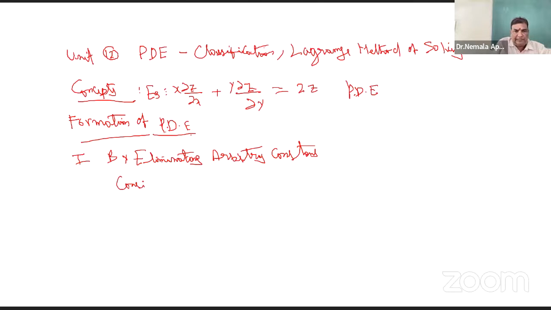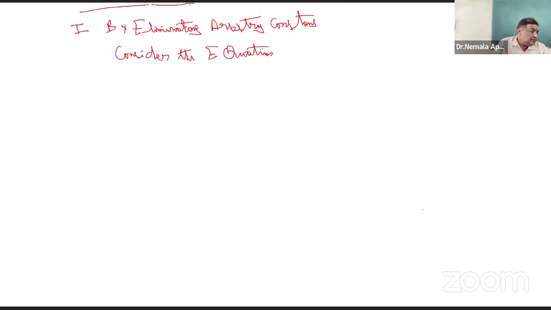Consider the equation F of x comma y comma z comma a comma b equal to 0.